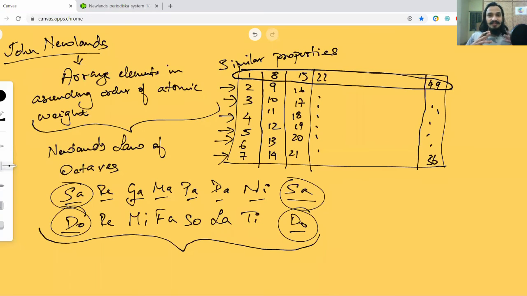He just put mismatched elements together, even though it doesn't really follow the pattern. Maybe he was so stuck on this one theory that he wanted to put it like that. But that's okay. We're going to look at the next attempt, which is one of the most important contributions to chemistry. We'll talk more about it in the next class.